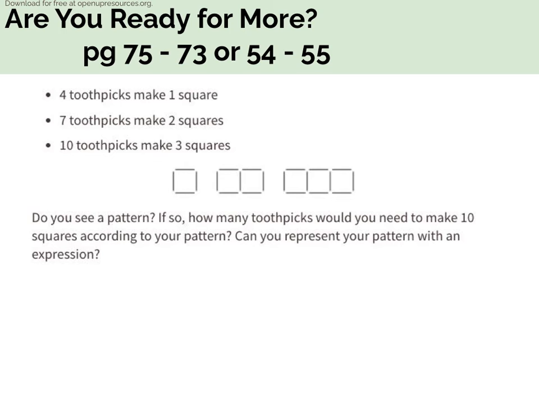All right, so what do we see? We start with what we have at first. So we're going to go 1, 2, 3. And to make a new square, so this would be the fourth, I need 1, 2, 3 more toothpicks. So 3 more toothpicks.